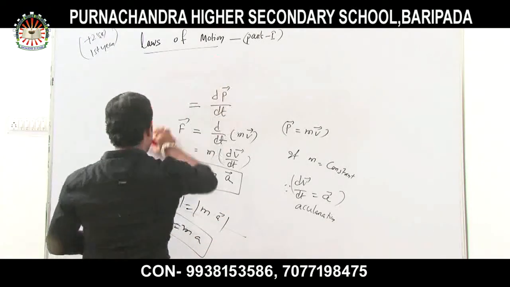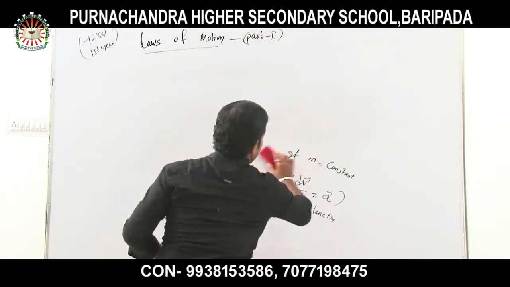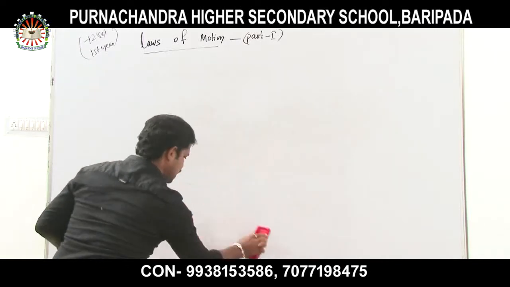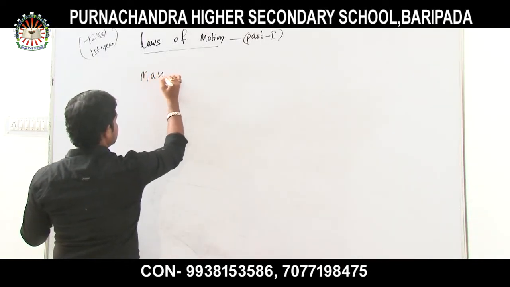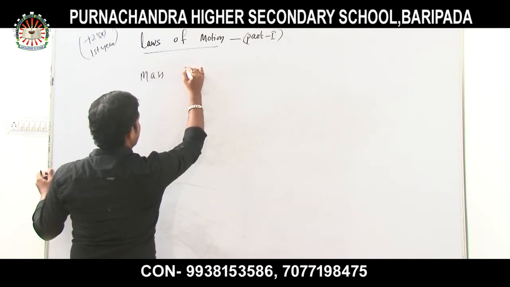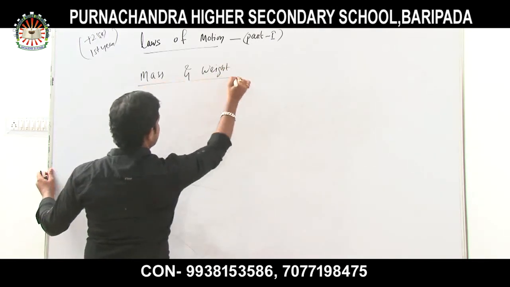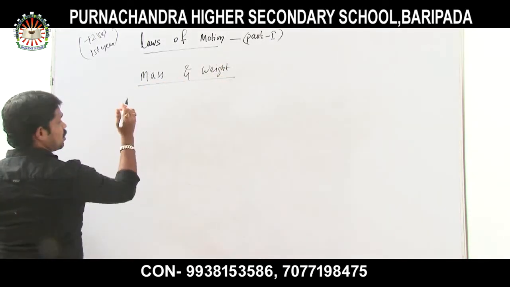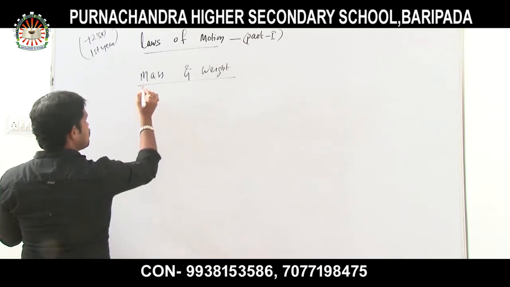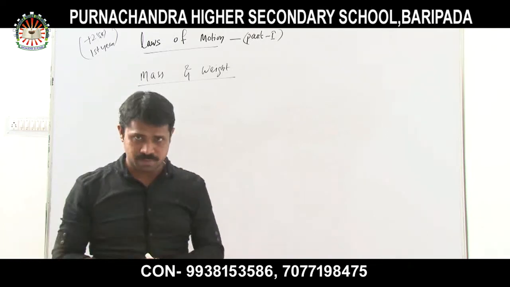Now, with this Newton's second law, there is a very small but important concept, that is, what is mass and weight. Listen very carefully, one by one, don't confuse. Mass of a body is fixed.